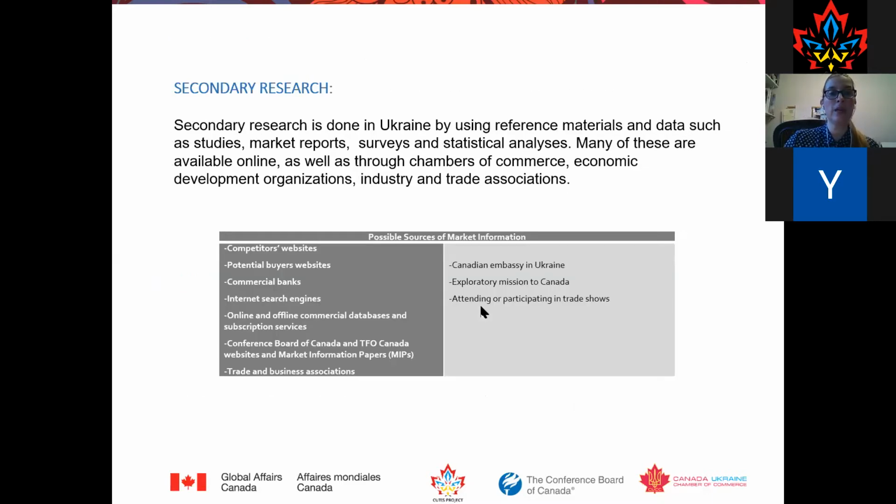The secondary research is the one that we all do sitting at a desk, looking at websites, looking into companies that we like, market reports, surveys and statistical analysis, information that we can find in the Chamber of Commerce and the development organizations, trade associations, embassies, everything that you do back at home. So that's the secondary research.